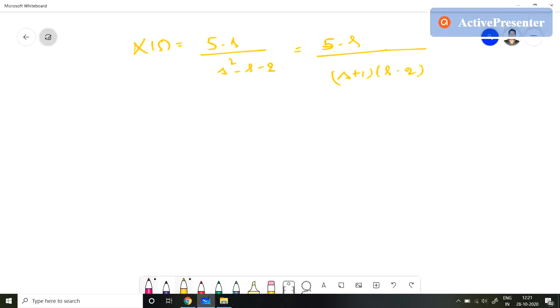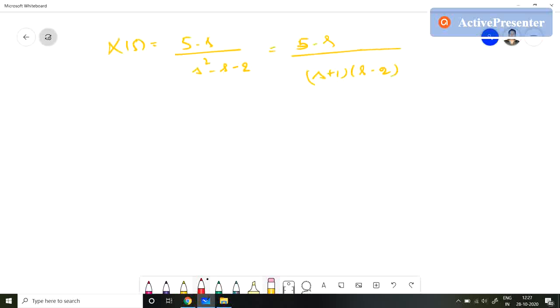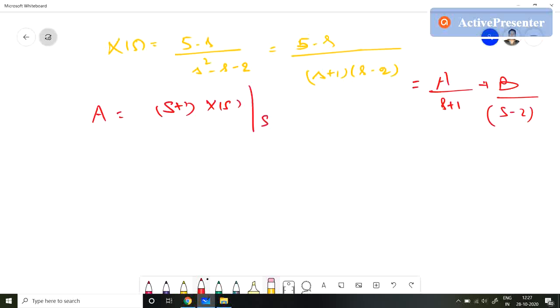So it is written as (s plus 1)(s minus 2). It is equal to A divided by s plus 1 plus B divided by s minus 2. Now what is A? A is (s plus 1) multiplied by X(s) when we take s equal to minus 1.